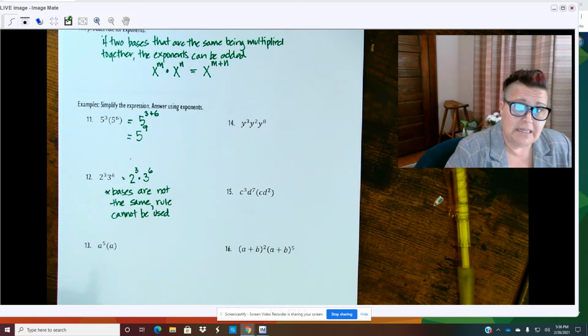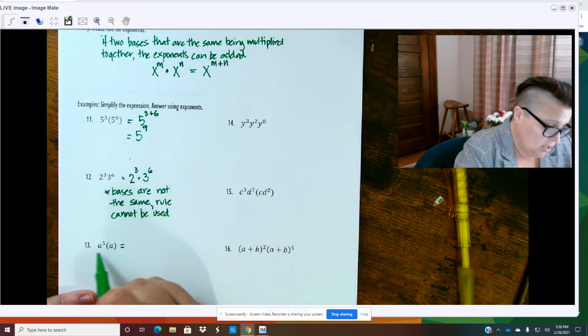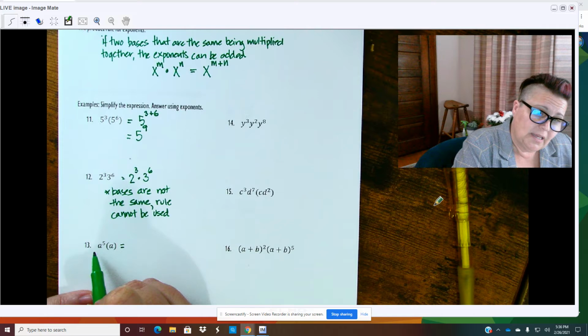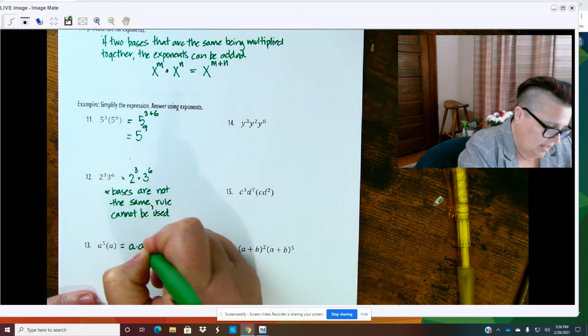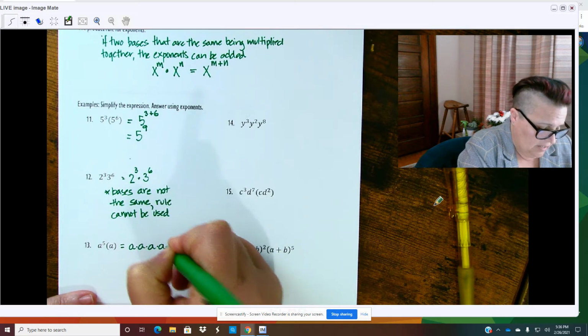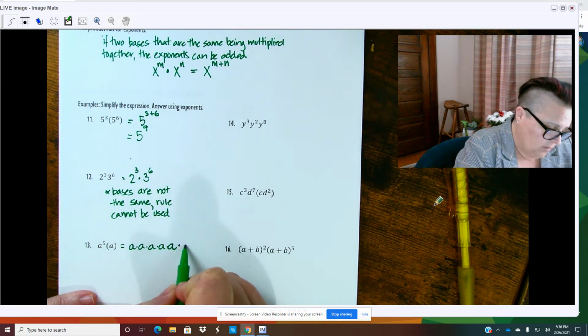For number 13, I have a to the fifth times a. For this guy, you have to be able to recognize that a to the fifth power is a times a times a times a times a. That's what a to the fifth is. It's a as a factor 5 times. And then we've got one more a.